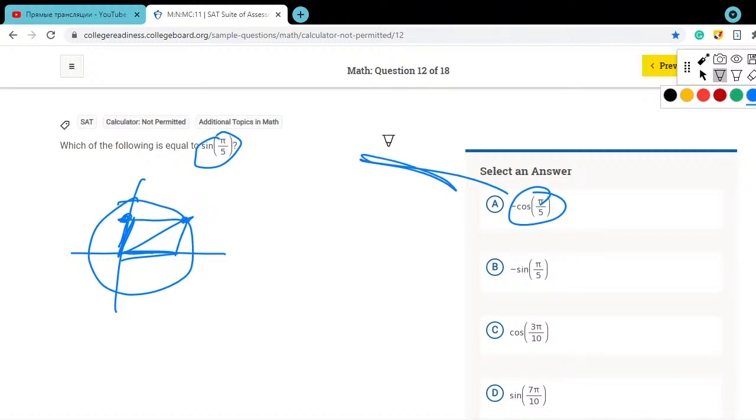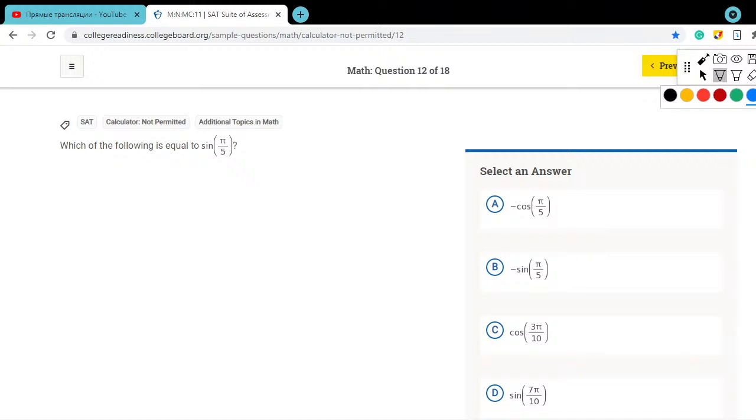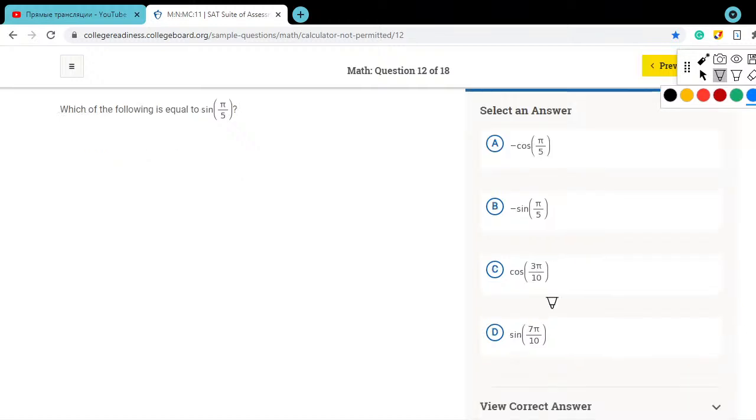And generally, sine of x doesn't equal cosine of x if it's not at some of these points of 45 degrees plus any of this. So we are left with sine or cosine of 3pi over 10 or 7pi over 10.